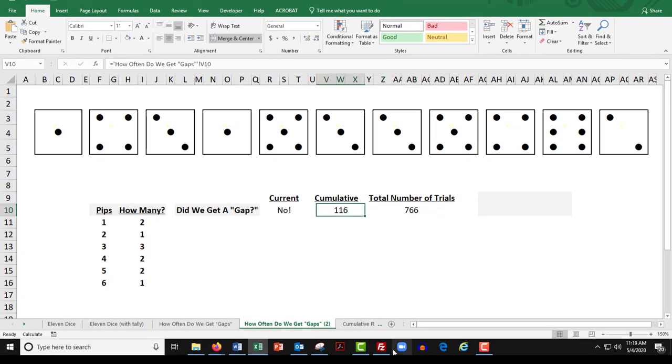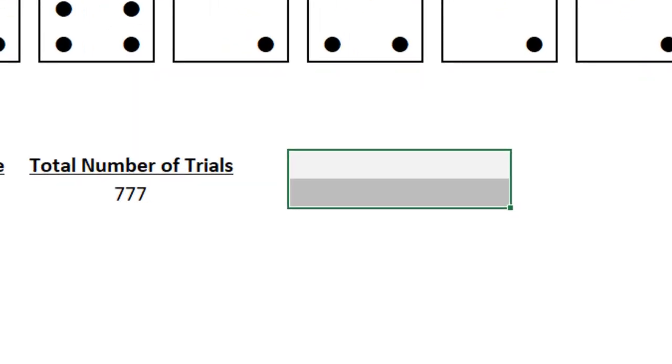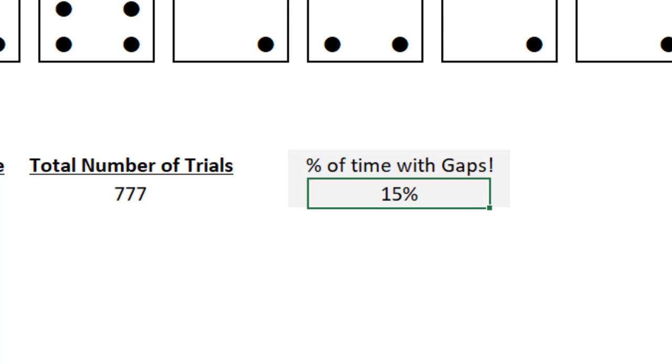This 116 is a measure of how many times we saw gaps. Like right now, there's no gap, no gap, no gap, no gap. There's a big string of no gaps right here, which is very, very interesting because if you look at the 116 and the 777, there's actually perhaps maybe a larger percentage than you would expect of gaps.